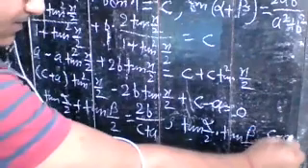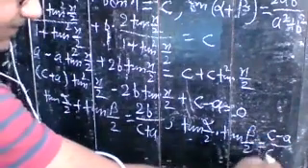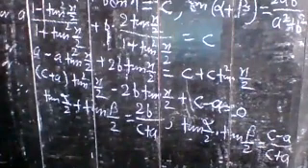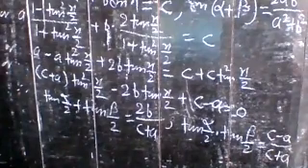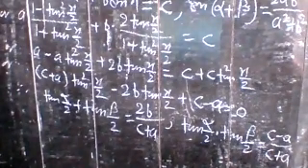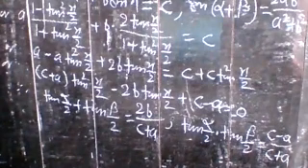So c minus a upon c plus a. So in this way, you have the result in terms of sum of roots and product of roots.